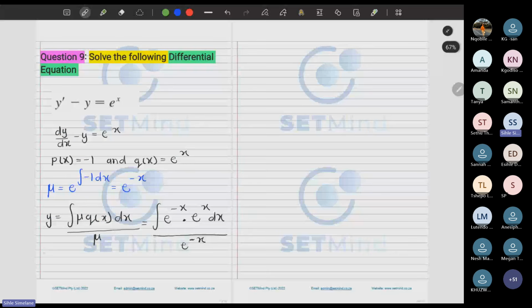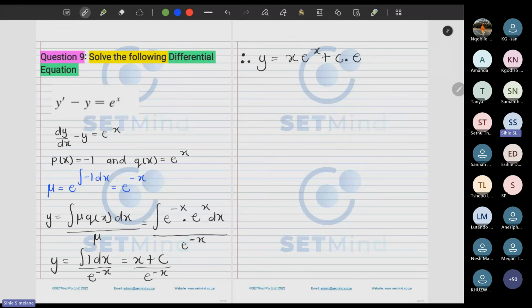So if you observe carefully, you will see that on the numerator, all we'll be integrating is 1 divided by e to the minus x. And when you integrate 1, you end up getting x plus c divided by e to the negative x. And you will see that our final answer, y, will simply be x times e to the x plus c times e to the x.